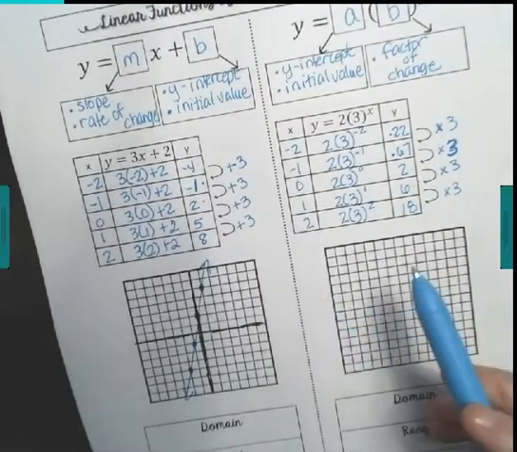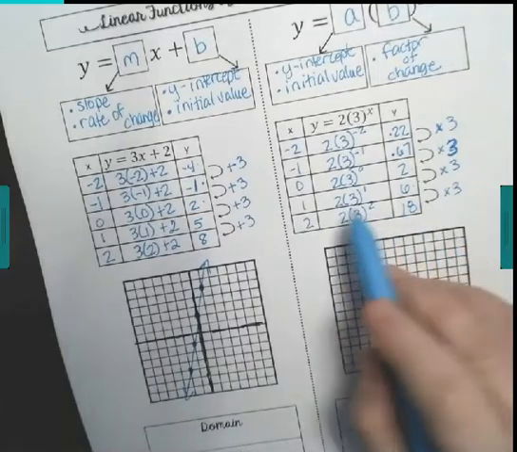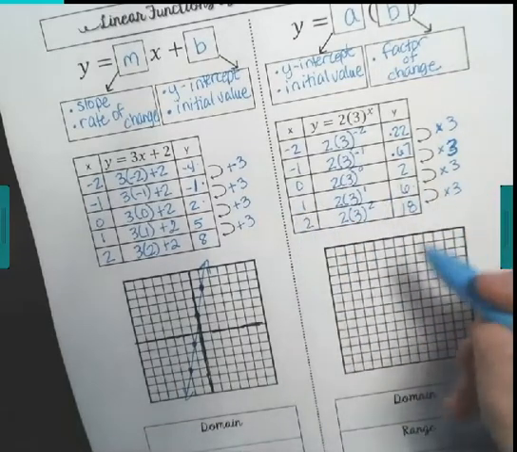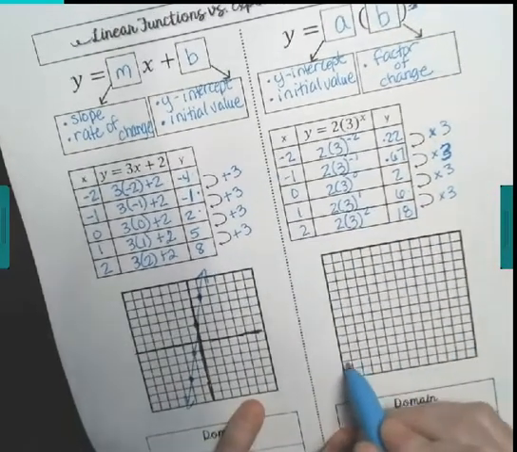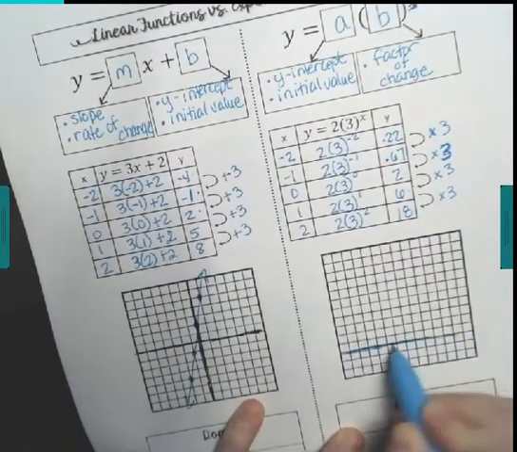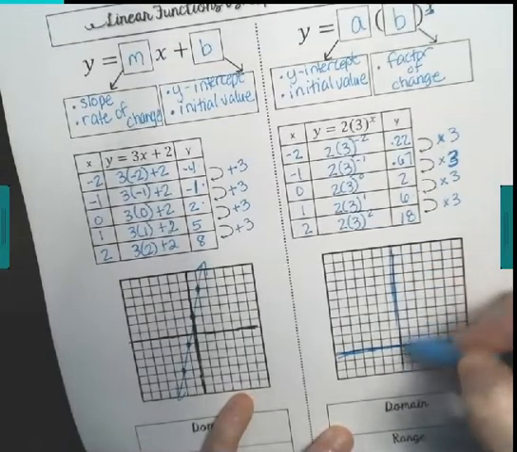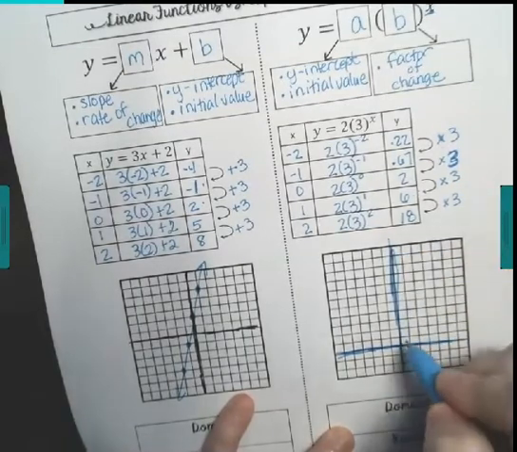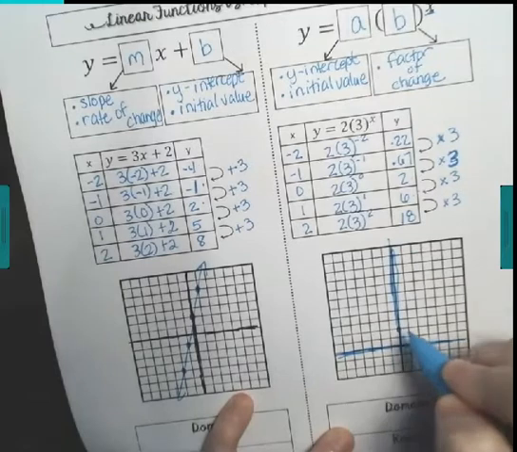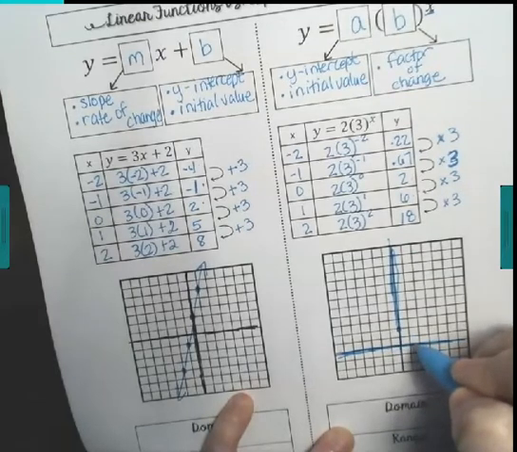Okay, and if we go to graph this one, really the major thing we want to do is the intercept. So I'm going to draw this one like this. So I have 0, 2, 1, 6.